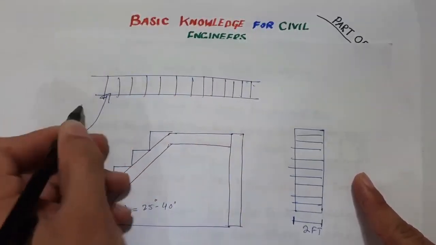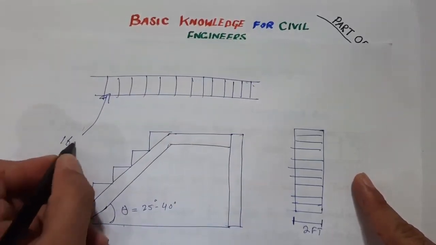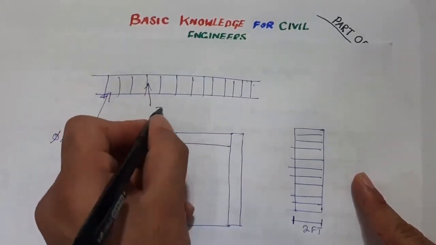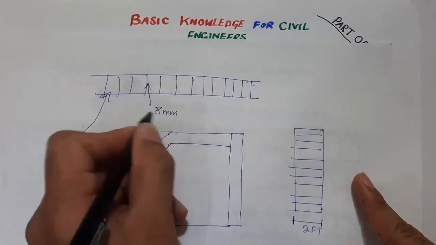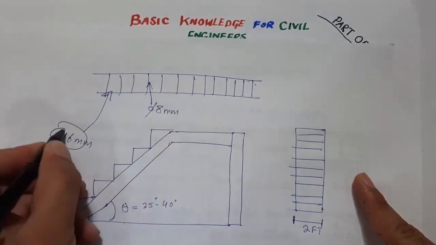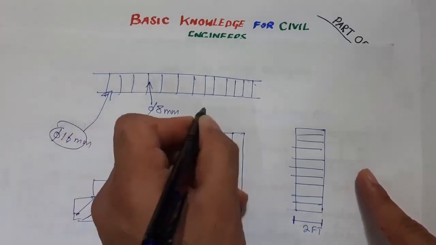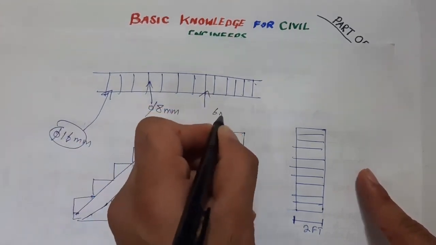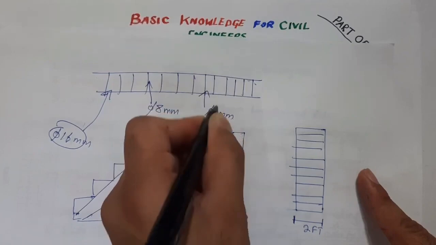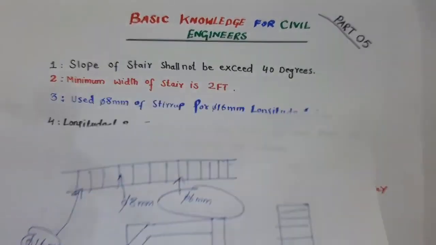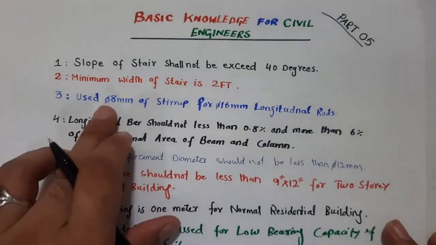So if the longitudinal bars are 16 mm, here the stirrup dia should not be less than 8 mm in the case of 16 mm. So if this dia is 12 mm or 14 mm, you can use 6 mm. Okay. But in the case of 16 mm longitudinal bars, if that is column or beam, the stirrup dia should not be less than 8 mm.